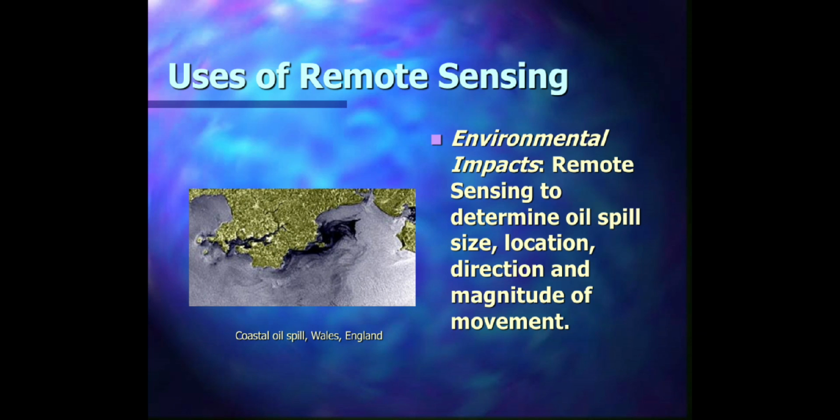So the government survey for giving money to needy people is possible because of this remote sensing. Another use of remote sensing is environmental impacts. Here we can see the size, location, direction and magnitude of movement, earth surface movement, and why it happens. At an altitude like 500 kilometers, going upward, we can see the whole earth surface like one ball.